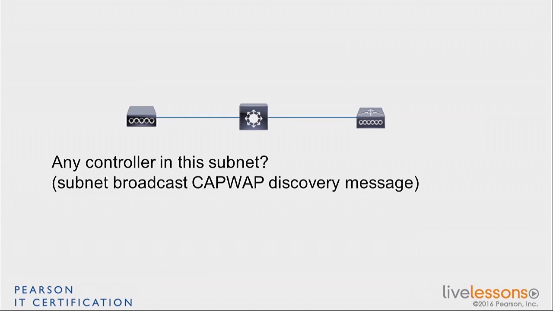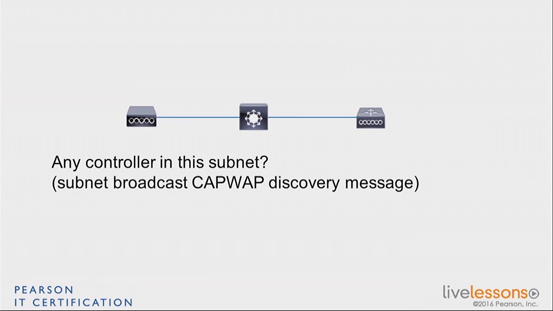So if your AP has a 10.10.10.something address /24, it's going to send to 10.10.10.255 what we call a CAPWAP discovery message. This is a message sent, you remember CAPWAP control, to port UDP 5246. And that message is simply a discovery request saying, is there any controller in this subnet?